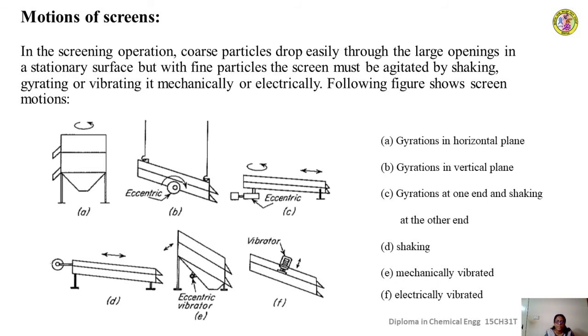The electrical vibrator directly transfers the vibrating action to the screens as shown in the diagram. That is how the different motions are incorporated in industrial screens in order to help the screening of the material.